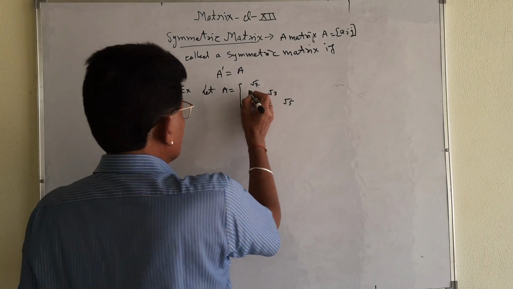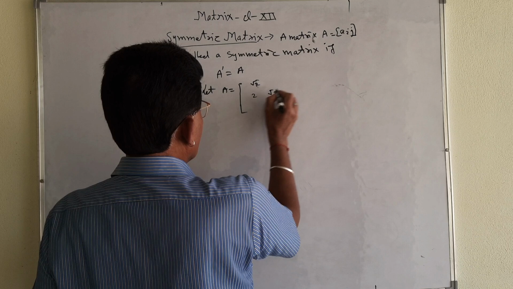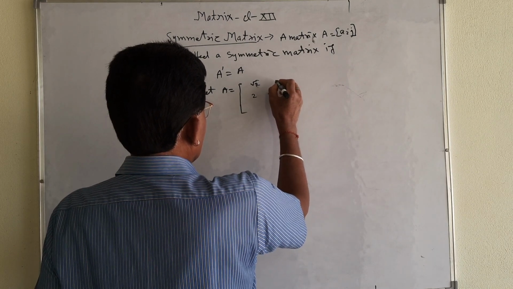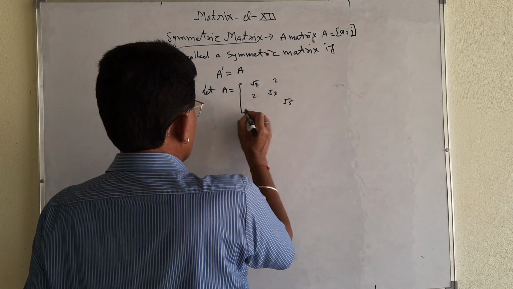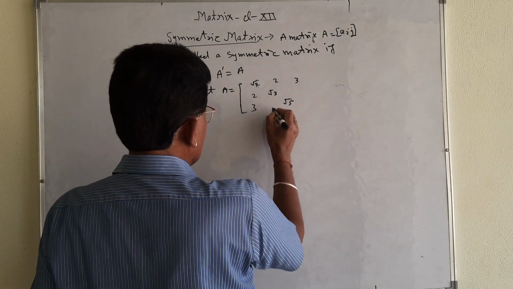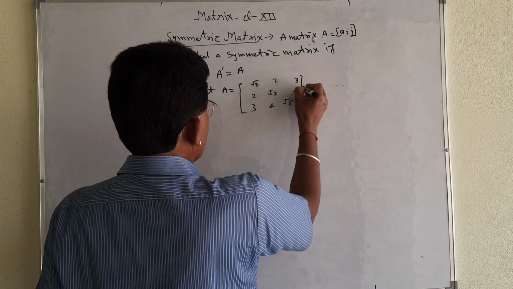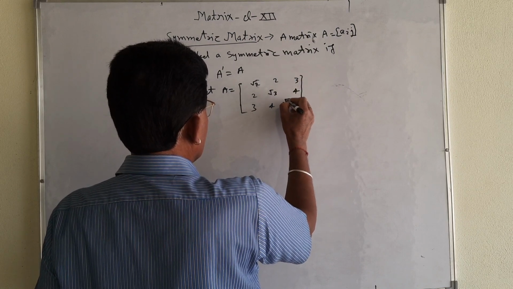Here I am going to take the second element of the first column, suppose 2. Here it will also be 2, and the third element I am going to take 3. Here will also be 3. I am going to take here 4. Here it will be 4. I am taking this matrix, my dear student.